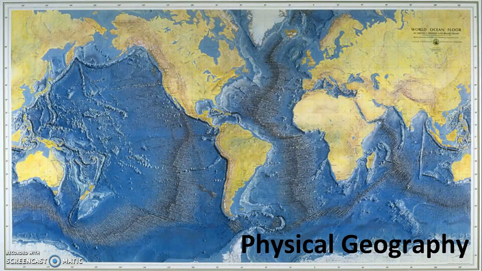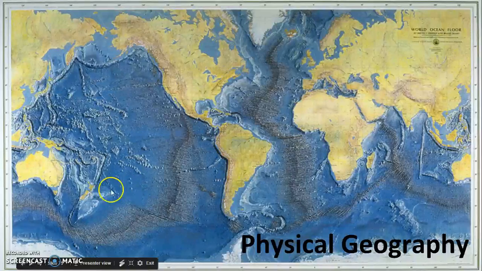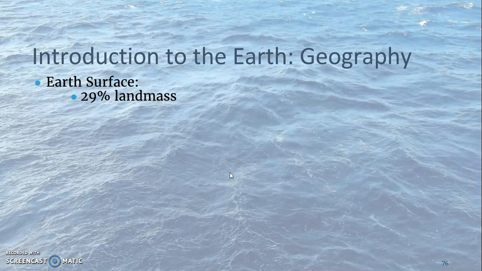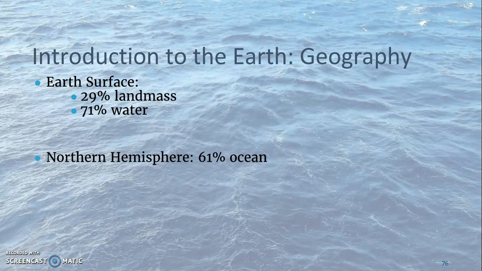So let's look at the physical geography of the Earth. With Earth's surface, 29% of our Earth is landmass and about 70% is water. A lot of times you'll see that as 70-30 just because it's easier to remember.